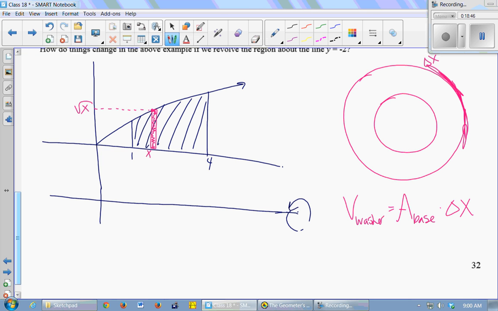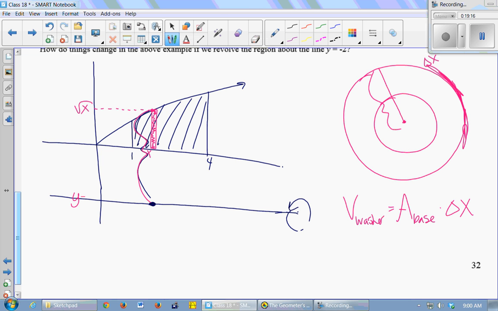Okay, so to find the area of the outer circle, I need to know that distance, a large radius. So I go back to my picture and try to figure out where that distance comes from, right? So this is the center of my washer, the axis of revolution, and the outer radius goes up to the curve. So how far is that?